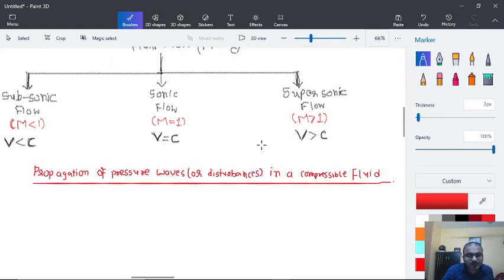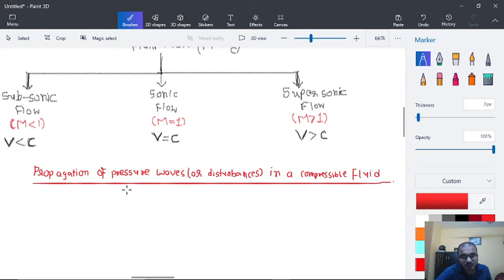Whenever any form of disturbance is created in a fluid, the pressure waves or such disturbances will travel with the velocity of sound in all directions. And here the nature of propagation of disturbance or pressure wave depends on the Mach number. So we will be discussing three different cases: when Mach number is less than 1, when Mach number is equal to 1, and when Mach number is greater than 1.